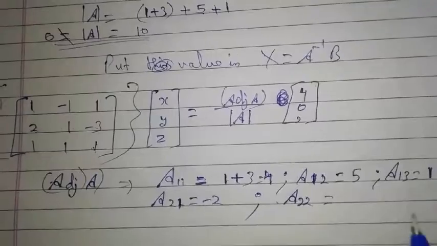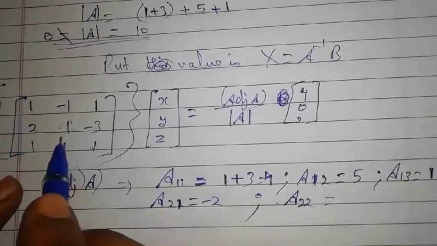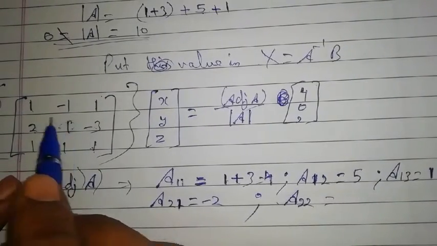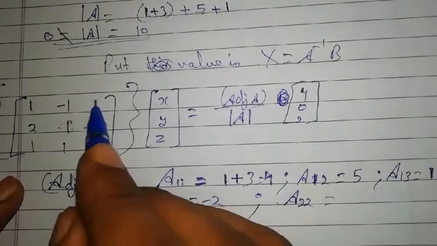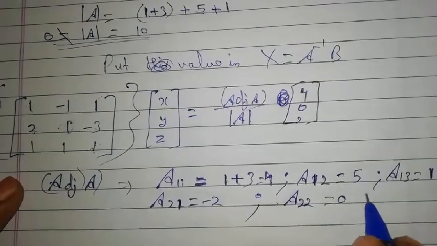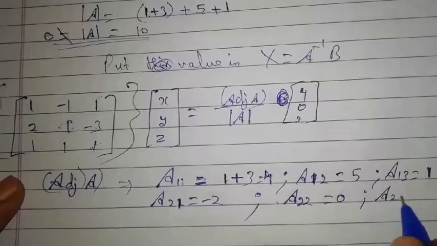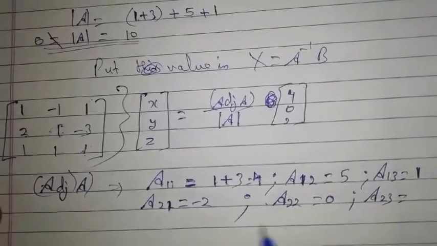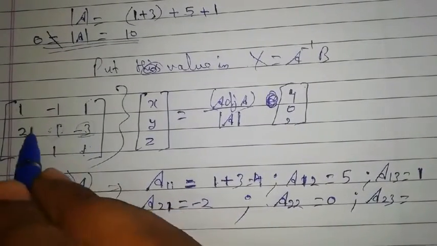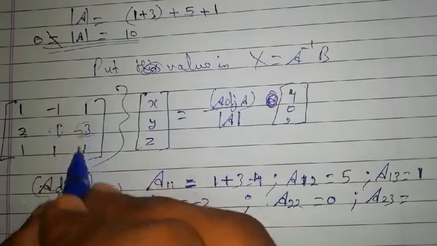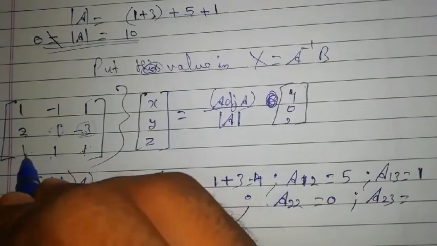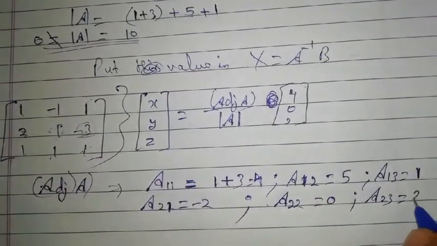Now A22 is equal to, this is A22. Okay, so 1 ones are 1 and 1 ones are 1, so 1 minus 1 is 0. A23. So A23 is this element, which means 1 ones are 1 minus 1, so it will be 2.